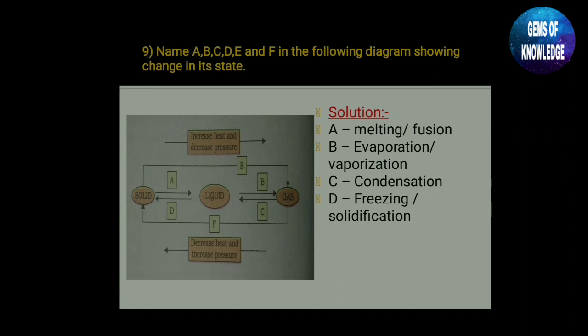Okay. Then remaining is E and F. E is solid changed to gas. When solid is directly changed to gas without coming into the liquid state, it is called sublimation. Similarly, when gas is converted to solid without coming to liquid state, it is also known as sublimation.